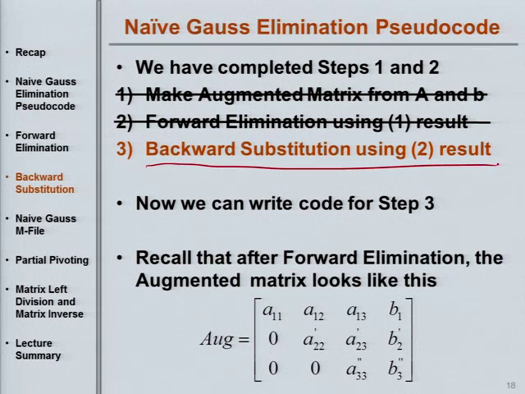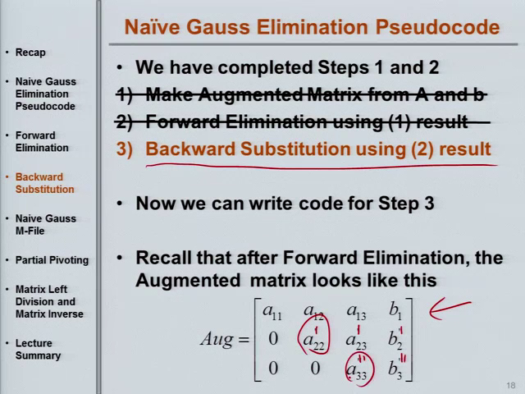So just to remind ourselves, for the 3 by 3 system we're looking at, the augmented matrix looks like this. Now, just note there's a bit of notation here. We've got a prime here, a prime here, and a prime here, and then a double prime here and a double prime there. And if we carry this on to the 3rd row, there'd be a triple prime and then 4 primes, etc. The only thing I'm trying to get across is that this entry, A22 prime, is not the same as A22 in the original system because we've modified it by subtracting a fraction of that top row.